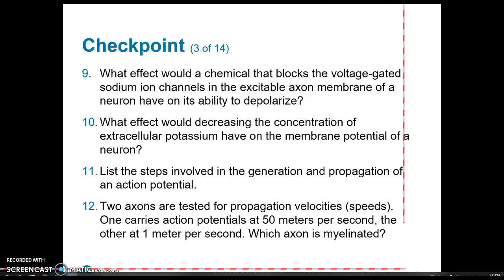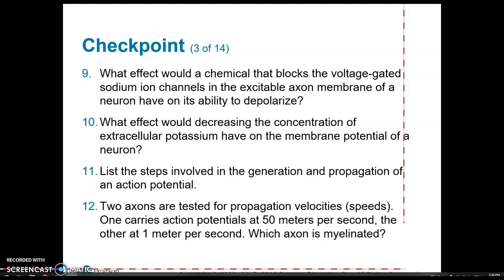Number 10, what effect would decreasing the concentration of extracellular potassium have on the membrane potential of a neuron? Okay, so we already have a high concentration of potassium inside the cell. If we decrease the concentration outside, the concentration gradient is going to be a lot bigger.